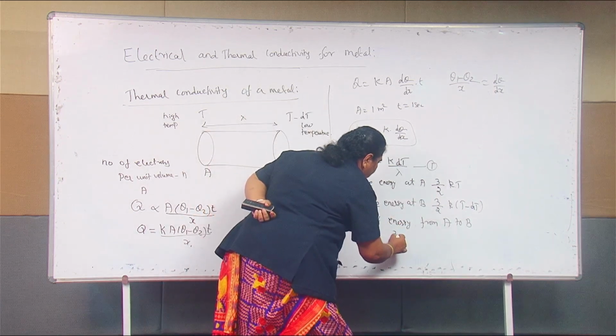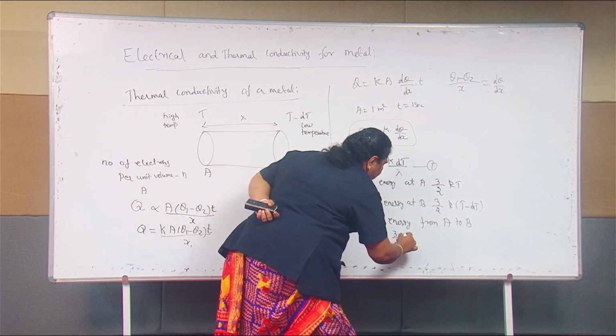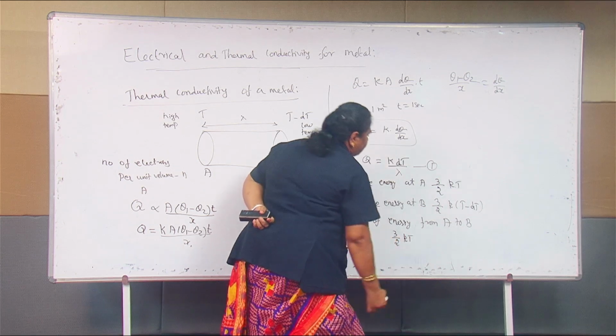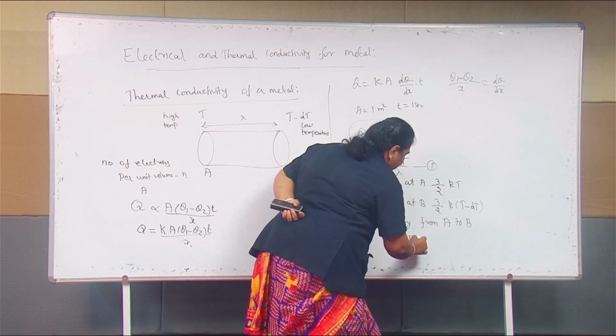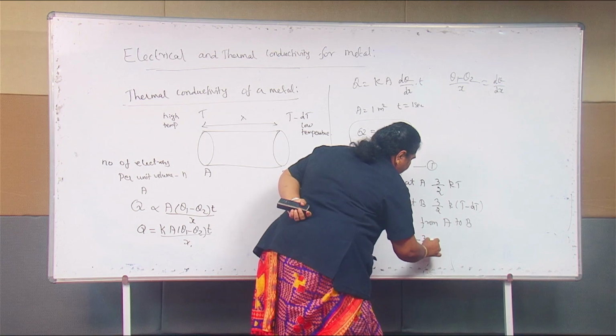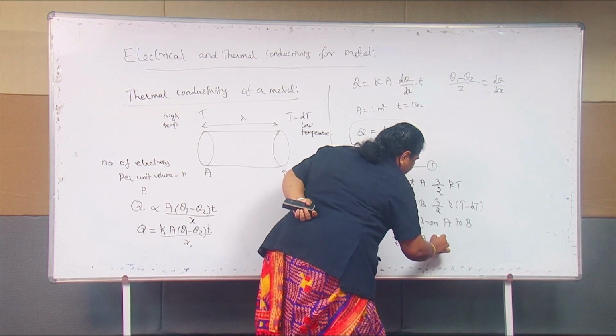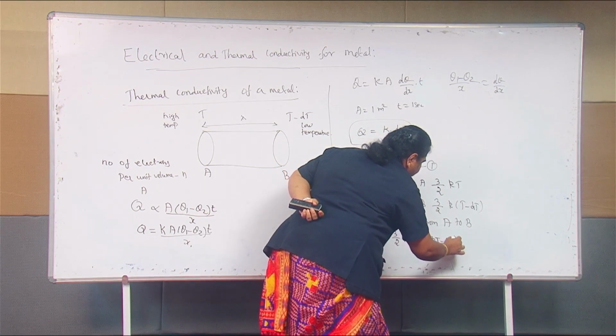So I know the average energy at A is 3 by 2 K into T, minus 3 by 2 K into T minus dt.